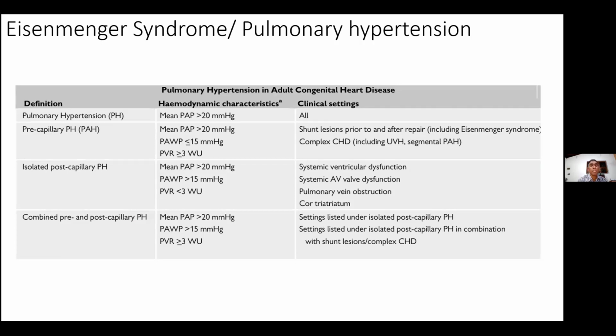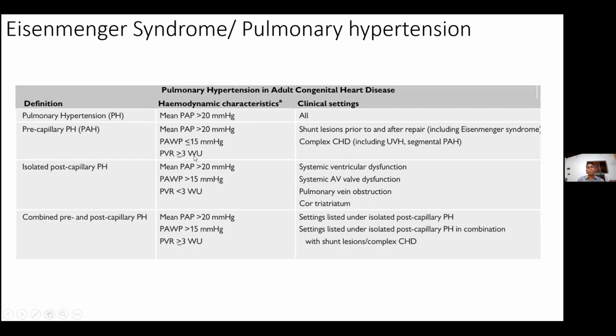Earlier, in the pulmonary hypertension guideline, the mean pulmonary artery blood pressure was the main thing to go by. If the mean pulmonary artery blood pressure is more than 20, you diagnose pulmonary hypertension. Earlier it was 25. Now the WHO and ESC guidelines have changed it to 20. And as I have mentioned, pre-capillary and post-capillary.